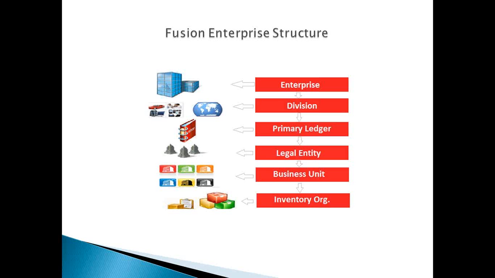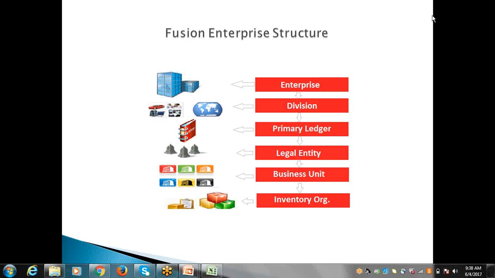Lakshman, just one question. In the inventory part, do we have the same concept like MIO and sub inventory? Yes, we have master inventory, actual inventories, and sub inventory. Same, because to facilitate item definition we have the master inventory, right?